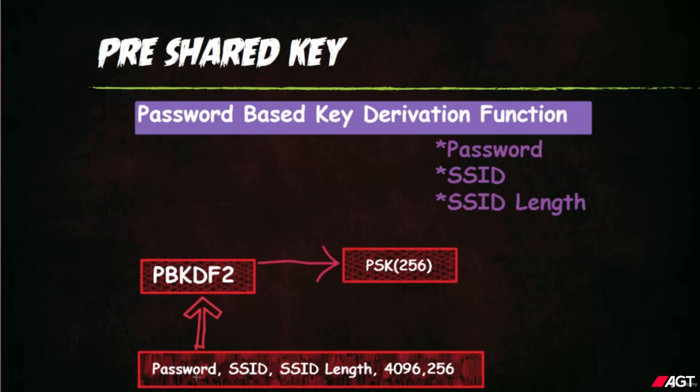The first thing in generating the pre-shared key is the password, then the SSID, which is the name of the access point, and the SSID length is also required. 4096 is the number of times this function will perform a hash, a fixed number, and 256 is the number of bits of the key generated.